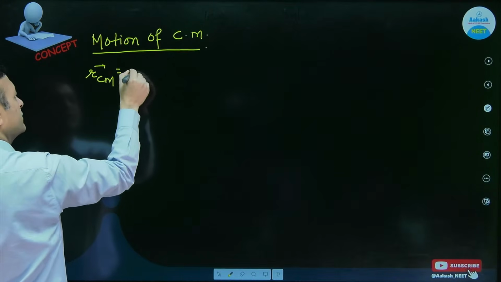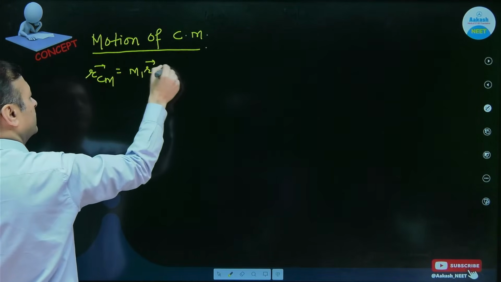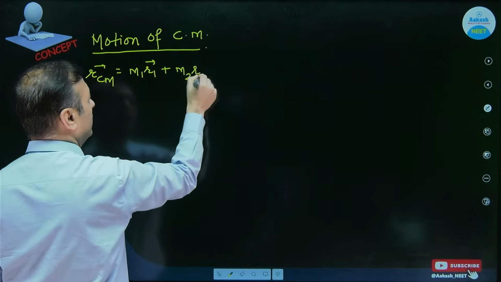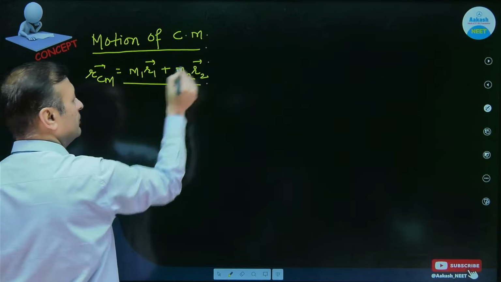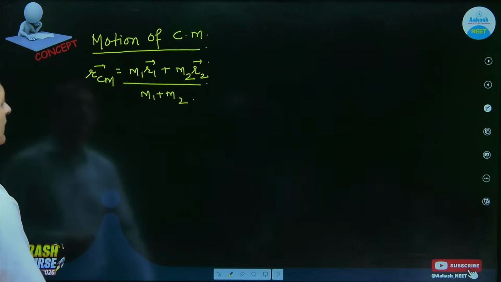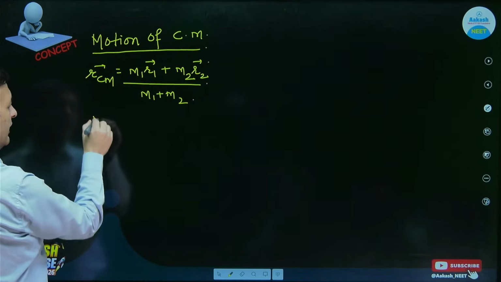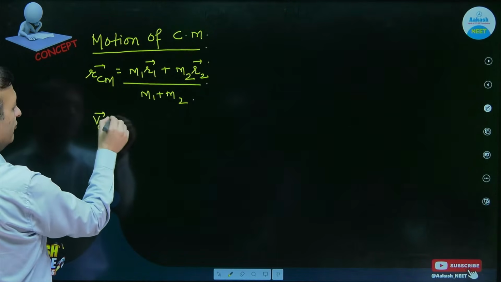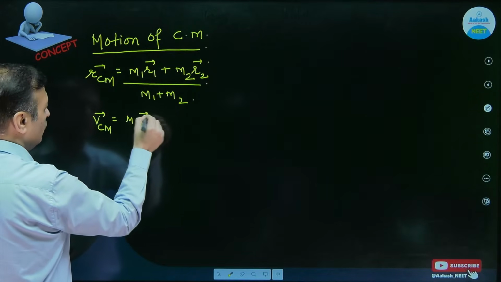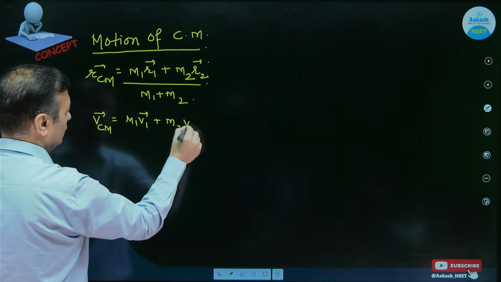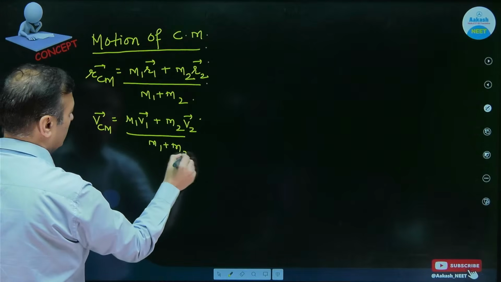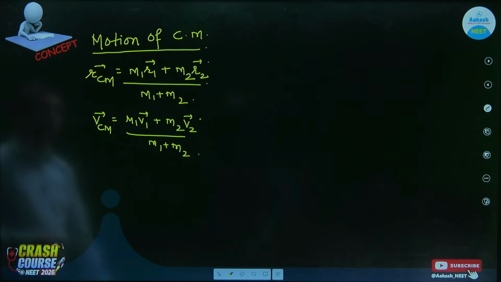If two masses, m1 with position vector r1 and m2 with position vector r2, have their center of mass given like this, then if you differentiate and rearrange, the velocity of center of mass can be written as m1 v1 plus m2 v2 by m1 plus m2.